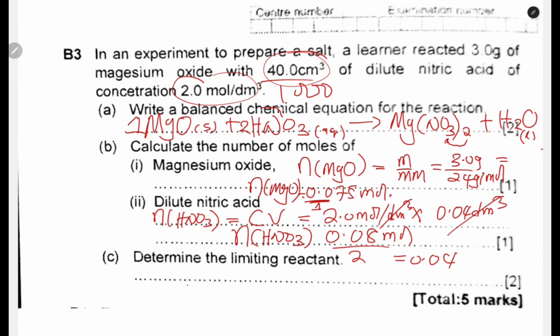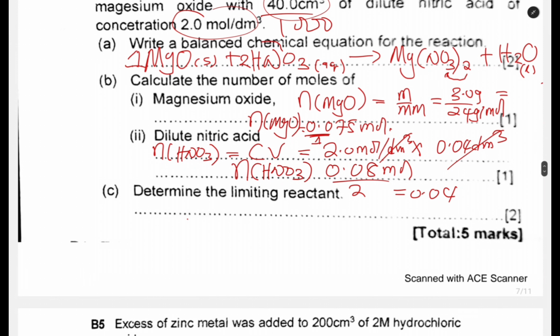So which one has the lower number of moles? Is it nitric acid or magnesium oxide? So you are comparing 0.075 and 0.04. It happens that this one has the lower number of moles. So therefore you can write nitric acid is the limiting reagent. So these you can never tell just by looking. You need to work them out.